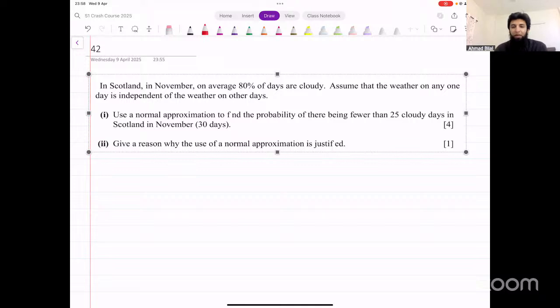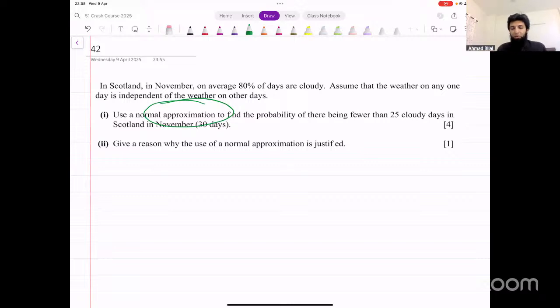Now, in the last example, they did not tell us that we had to use approximation. We had to figure that out ourselves. If we have a large number of probability calculations to do in a binomial distribution, that means you have to use approximation. But mostly they tell you in the question as well. Whenever in S1 you have a problem in which they talk about approximation, the only possibility in your syllabus is binomial to normal approximation.